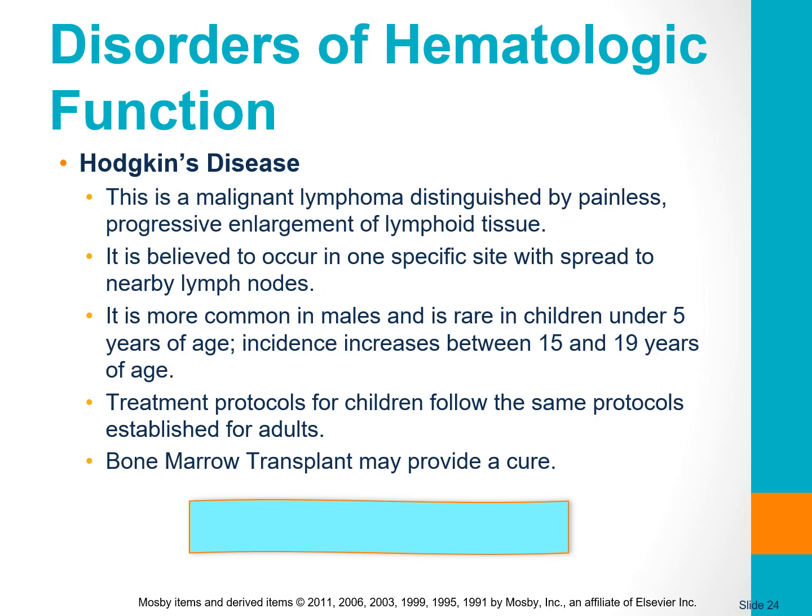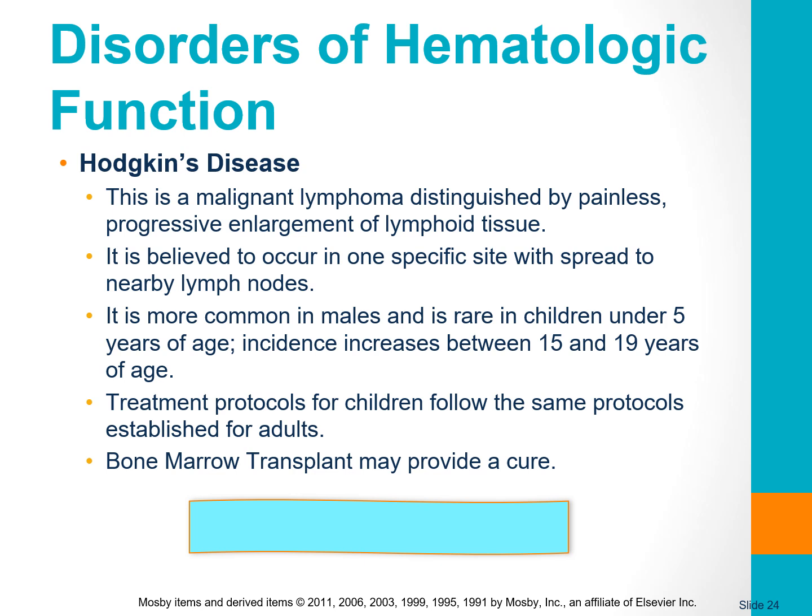All right, moving on to Hodgkin's disease. So this is a cancer of the lymph system. It's kind of a sneaky snake in the fact that it's almost always painless and an extreme progressive enlargement of the lymphatic tissue. It's believed to occur typically in one site and then spreads to nearby lymph tissue. It's more common in males and rare in children under 5. Typically affects teenagers between 15 and 19 years old.